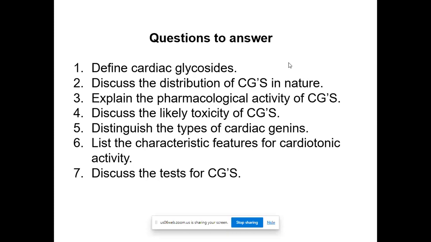Naona hii number 5. Examples ya, wanasema the non-sugar moiety is also called the genin.